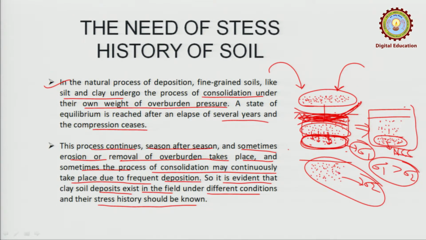But if we talk about this layer, then what we can say is that it has already borne a stress greater than what it is now bearing, because this much layer was first of all kept on this. Now, this is removed, so only this is here. So, this layer has already borne extra stress. So, this is an over consolidated clay. This was normally consolidated, this is over consolidated clay.